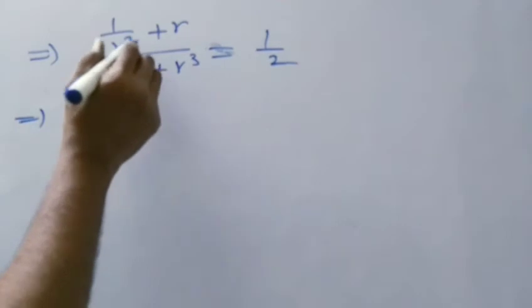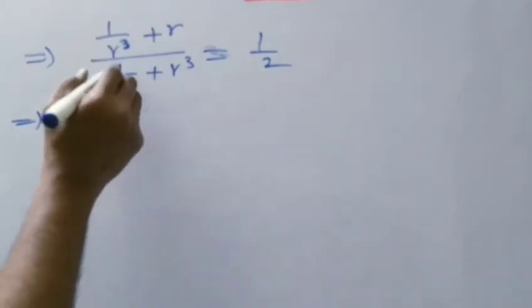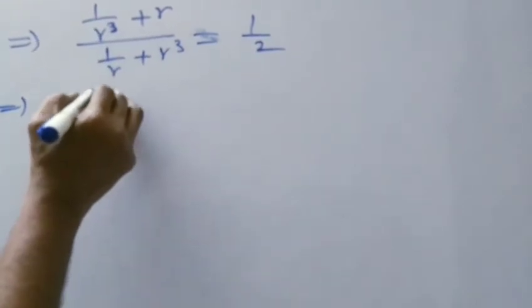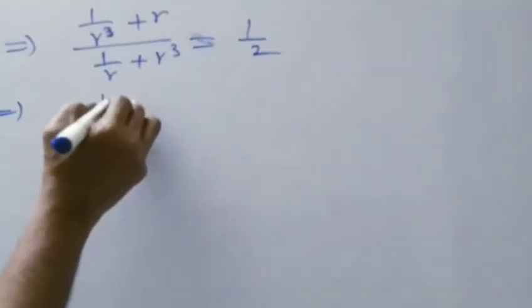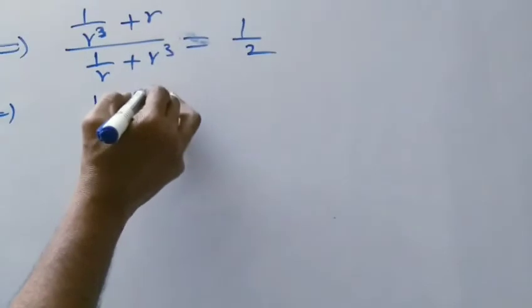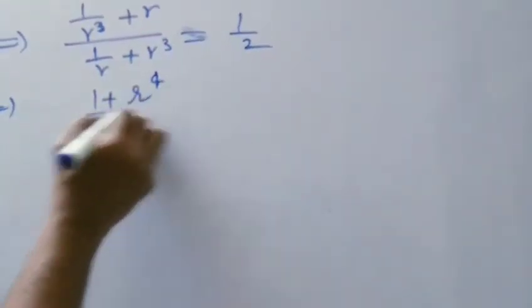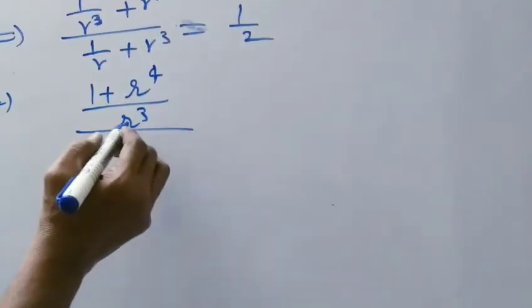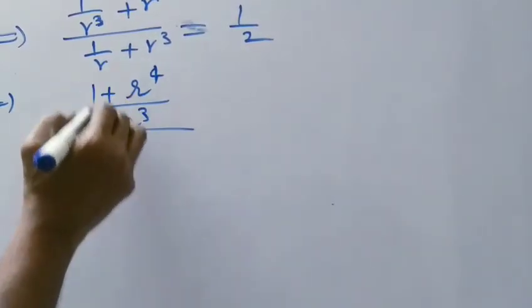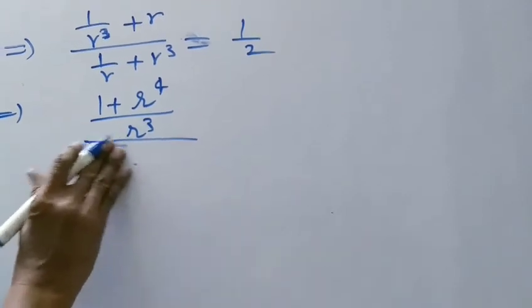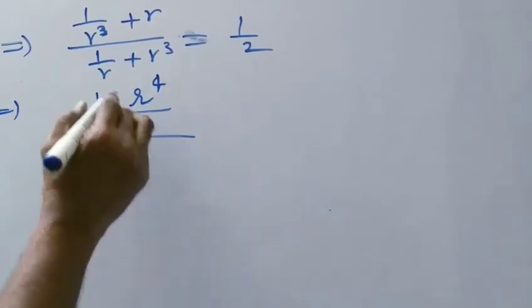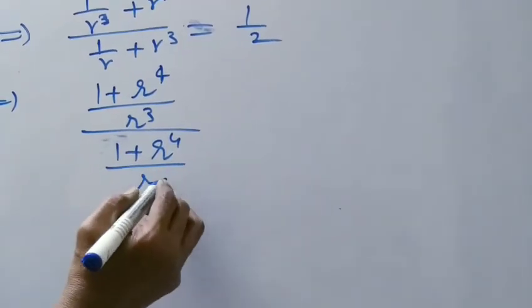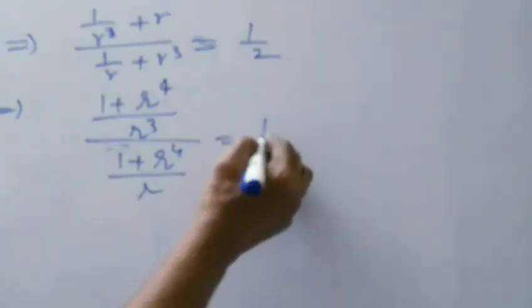So we can take the LCM for both numerator and denominator separately. It becomes (1 + r⁴)/r³, all divided by (1 + r⁴)/r, is equal to 1/2.